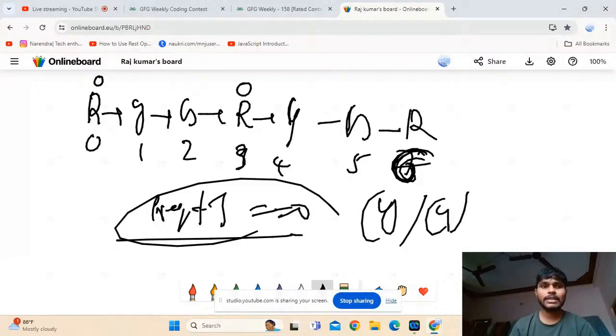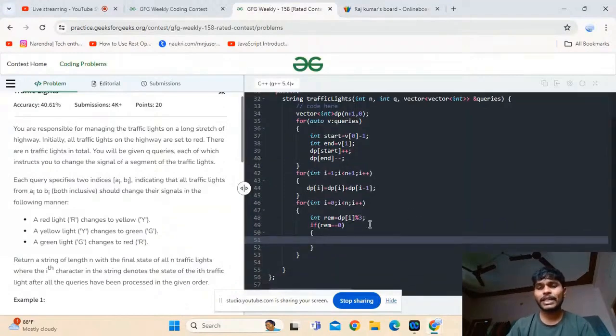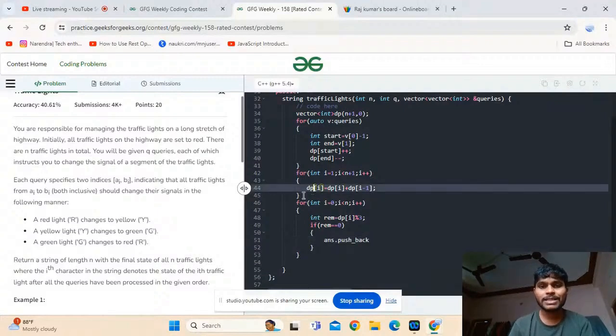Here this is the thing we have to think about. This question was yesterday's Geeks for Geeks weekly coding contest question. So guys, here answer dot push back. I have to declare one string answer here.